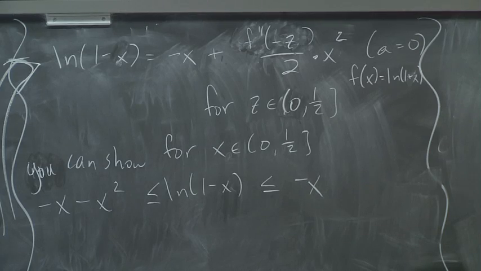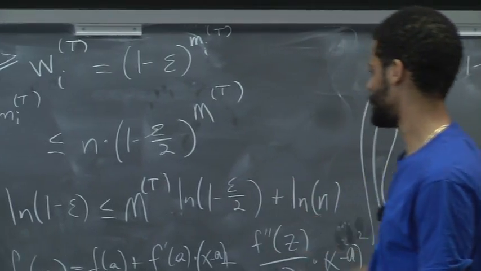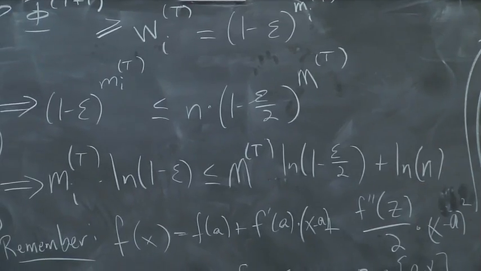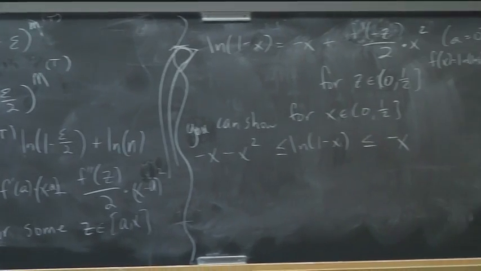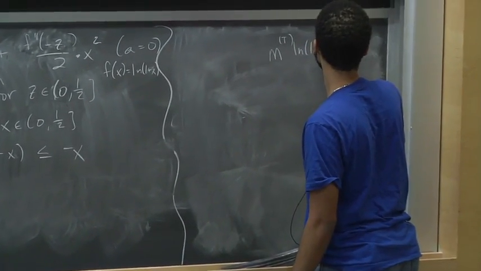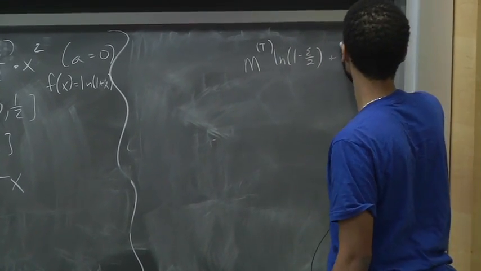Okay, so now you go back to here, and you say, well, this m of t, ln of 1 minus epsilon over 2 plus ln n.